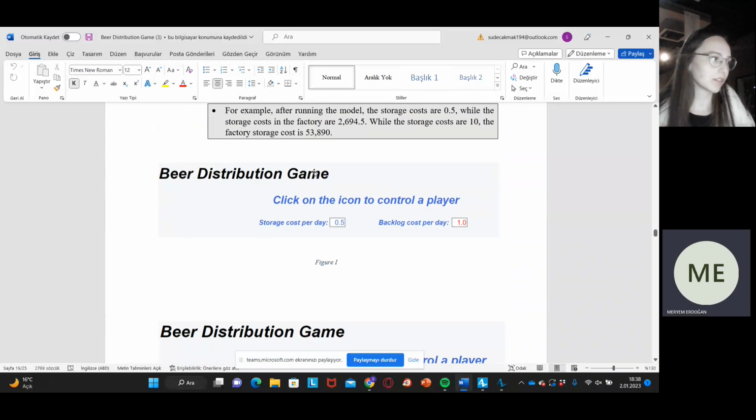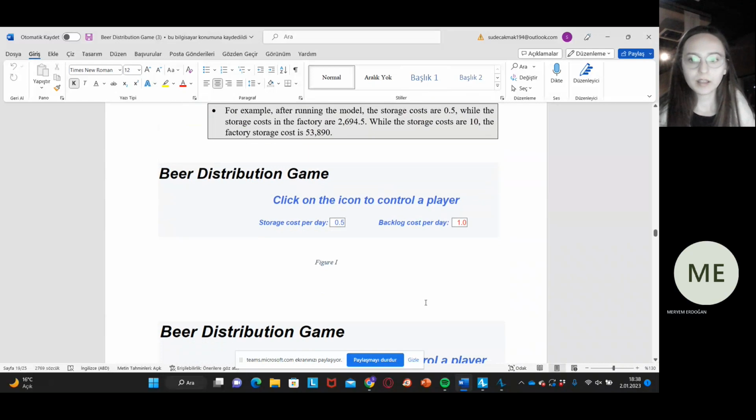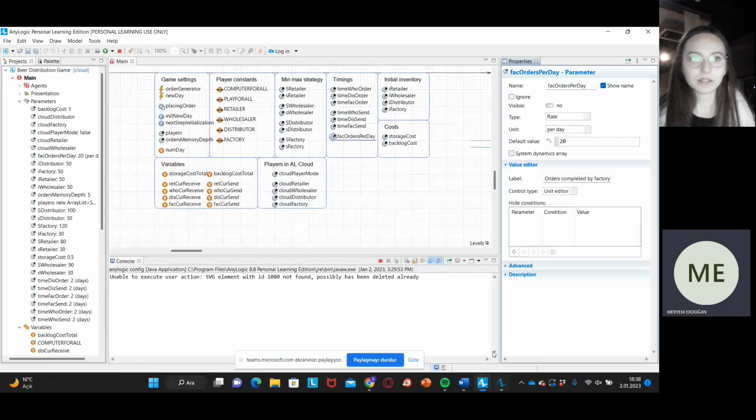The first change is about storage cost and backlog cost. Let's get started with the analogic system. It seems that major or minor changes in storage cost or backlog cost before the model is run do not affect the model.